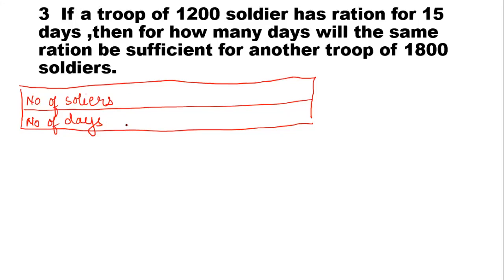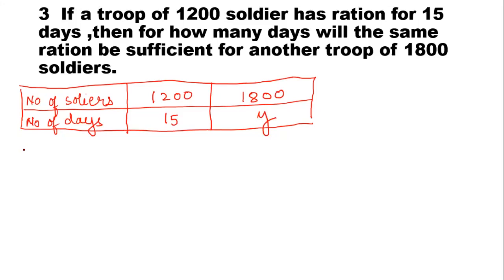Number of days. ये number of days किसके हैं? राशन लास्ट, कि कितने टाइम तक राशन चलेगा, नंबर ऑफ डेज. सो 1200 सोल्जर्स हैं तो 15 डेज चलेगा, और 1800 सोल्जर्स हैं तो let it last for y days.